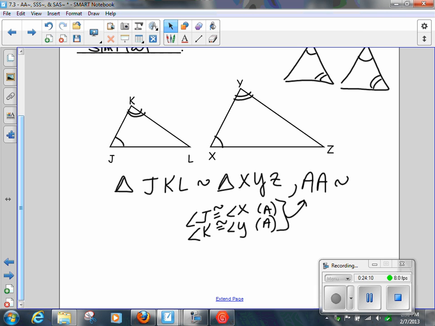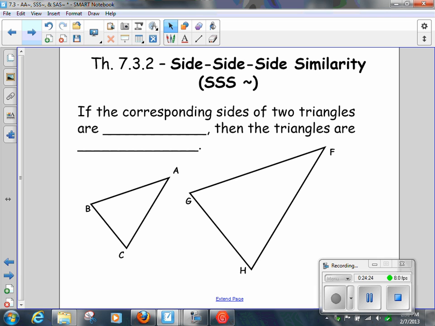Remember how we had to mark up our pictures and then we decided whether it was side, side, side or side, angle, side? This is kind of what we're going to be doing here, okay? Now, side, side, side. Corresponding sides in similar polygons have to be what? Proportional.